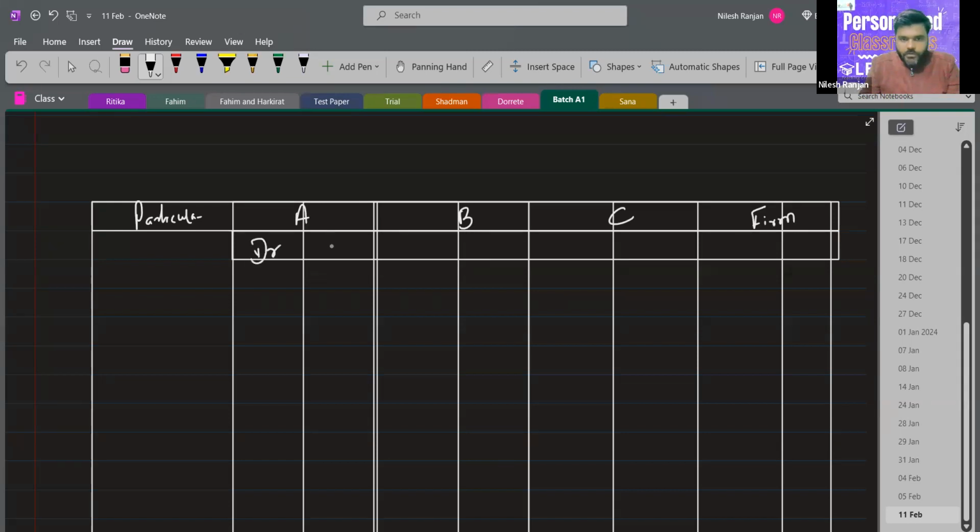Now debit and credit for A, debit and credit for B, and debit and credit for C.